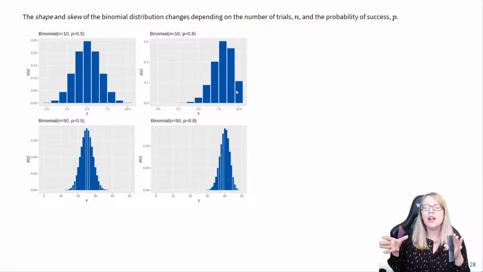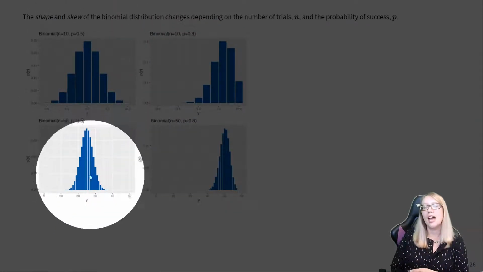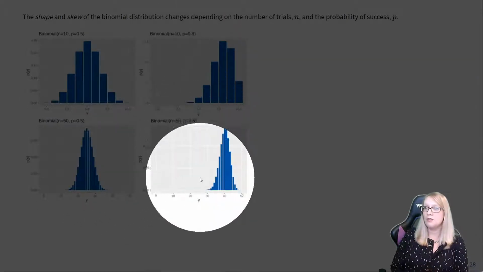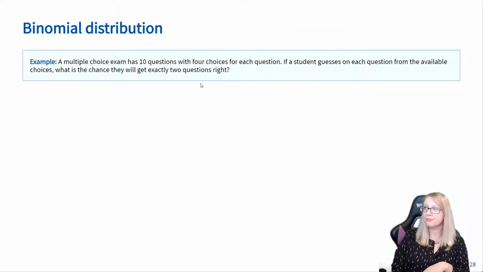The more samples we take, the more outcomes we can observe, so we start having more constricted plots. We go from 10 to 50, same shape, however the distribution does seem to narrow a bit.